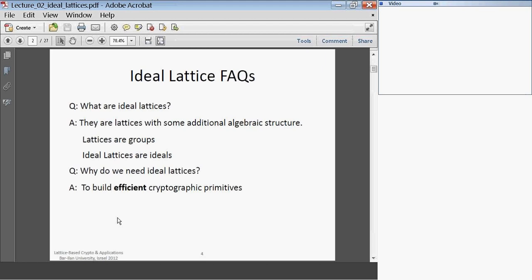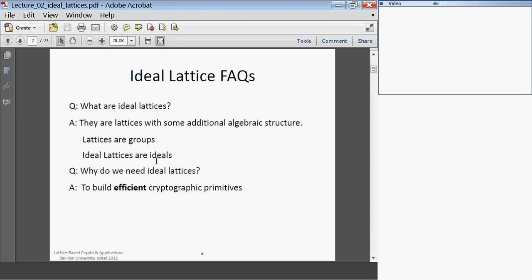Ideal lattices, and cyclic lattices as well, are a mechanism that allows us to reduce the complexity of dealing with a matrix to a much more efficient problem of dealing with a vector. So that's why ideal lattices were introduced.